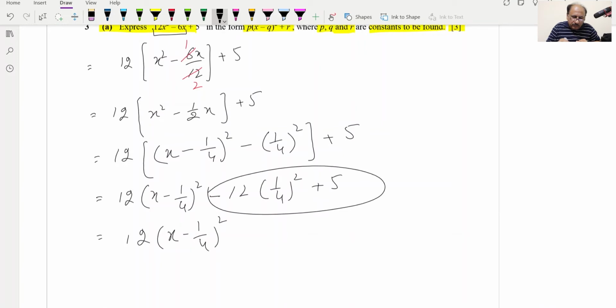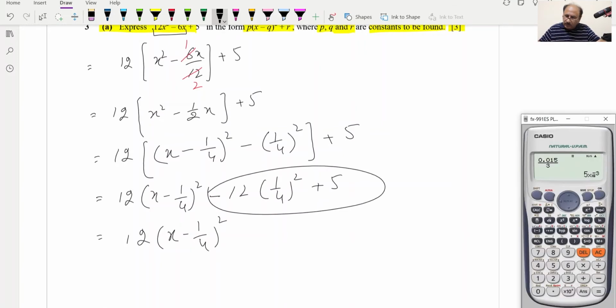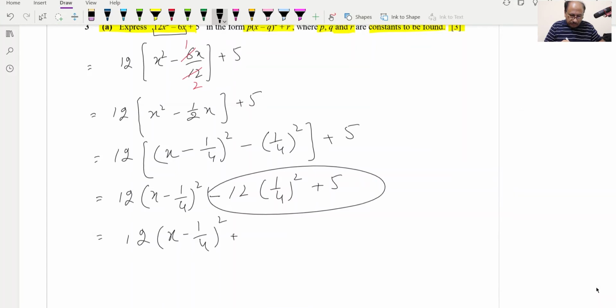This portion we will simplify with the help of a calculator. Minus 12 into 1 over 4 squared plus 5 is equal to 17 by 4. So we can write here 17 by 4.